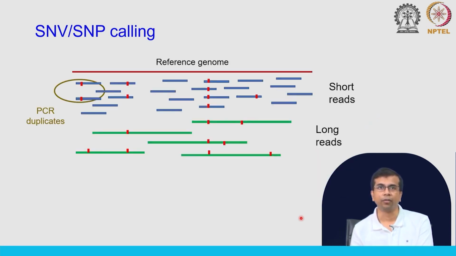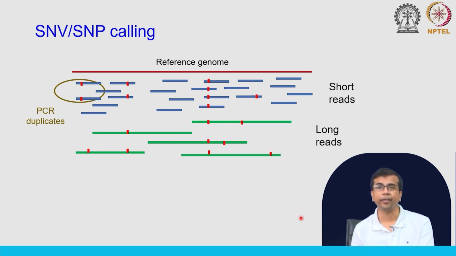Here is a short summary. We have the reference genome and short reads or long reads mapped to the genome, and at certain positions you will see these red marks showing mismatches. We will not call them SNVs or SNPs yet. Some of these mismatches could be sequencing errors.